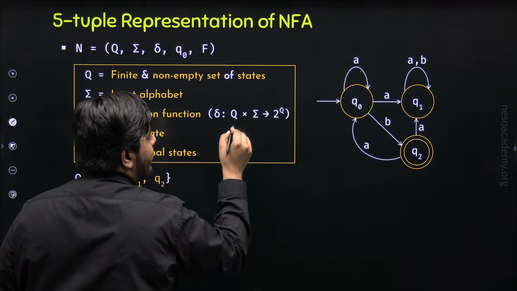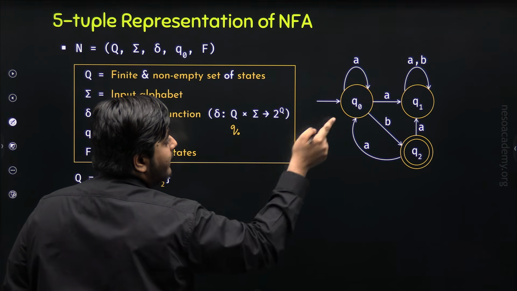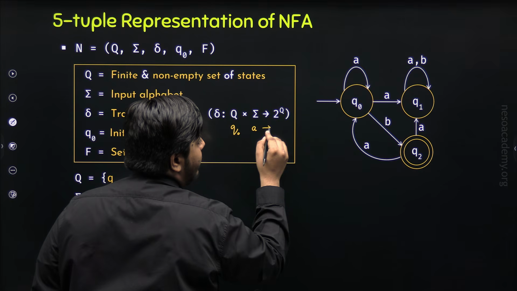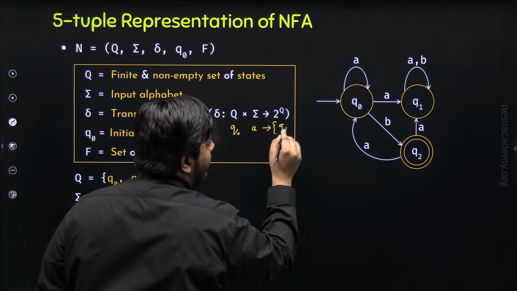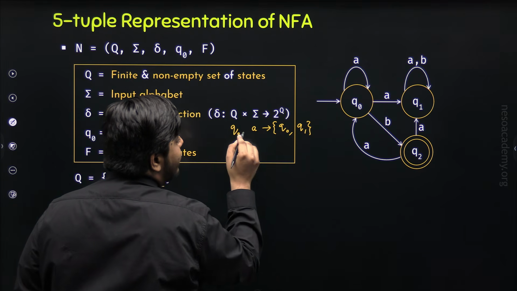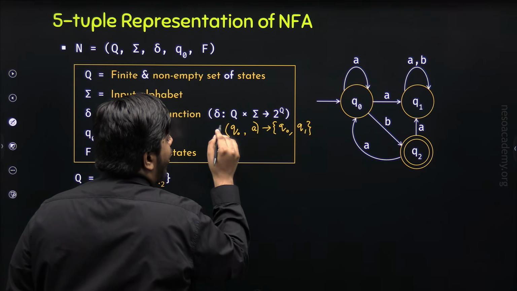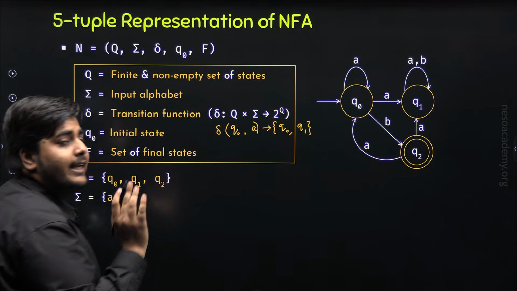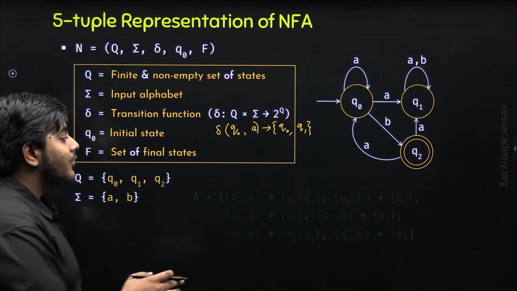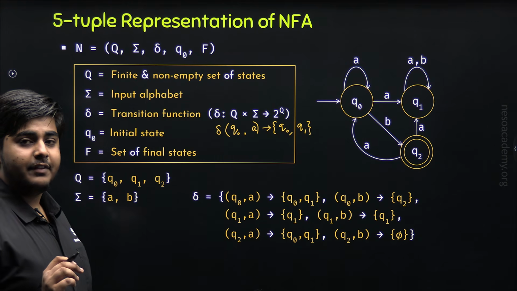If the current state is Q0 and the input symbol is A, then the next states can be Q0 as well as Q1. So this is a way of representation of a transition rule in an NFA, and in this way we can write all the transition rules for a given NFA.